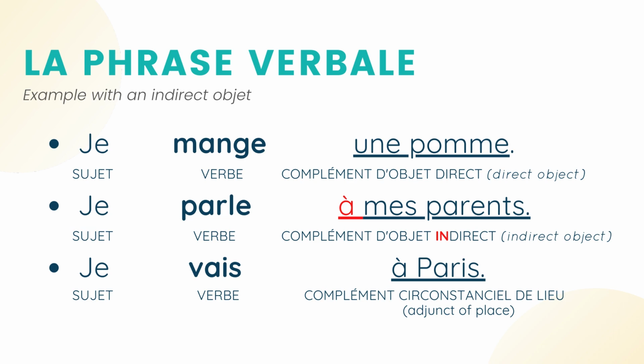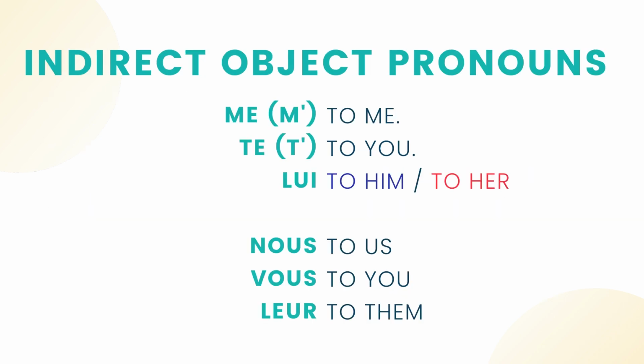Okay. And now let's move on to the next part, which is the indirect object pronouns. This slide to me was a revelation. I was like, wow. In English, you do not have indirect object pronouns. You have in English only object pronouns, which would be me, you, him, us, you, them.